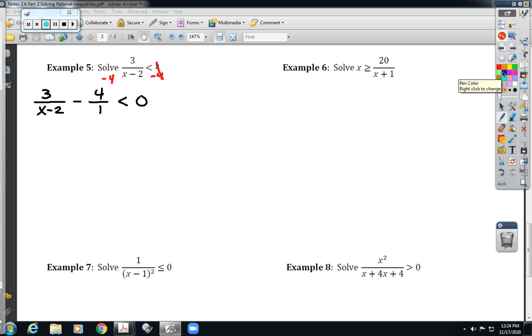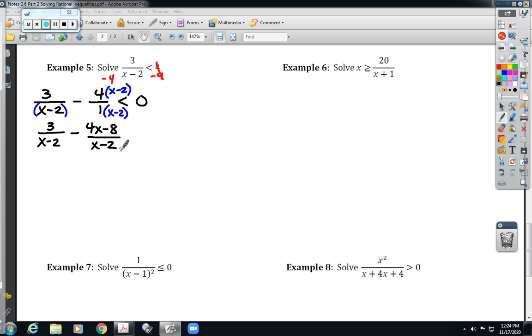That common denominator would be x minus 2. So we multiply the bottom and the top of this fraction by x minus 2. That would give us 3 over x minus 2 minus 4x minus 8 over x minus 2.